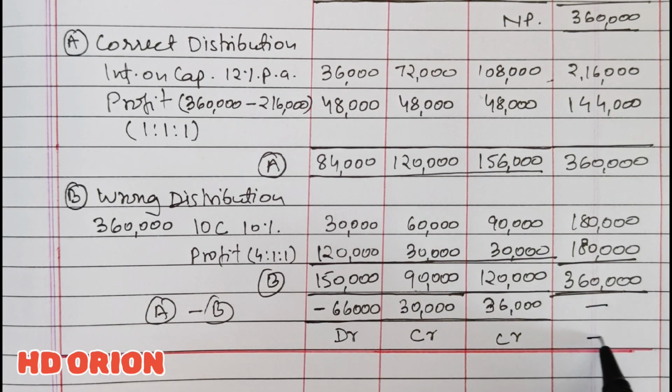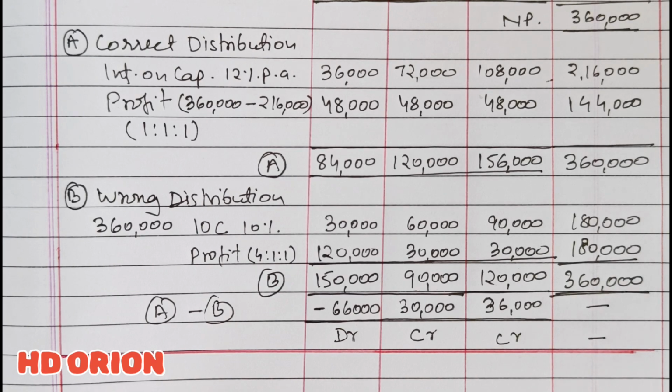Because capital account is fluctuating in nature, we will pass this rectifying journal entry through capital account, not current account.